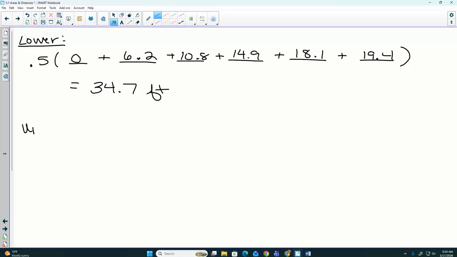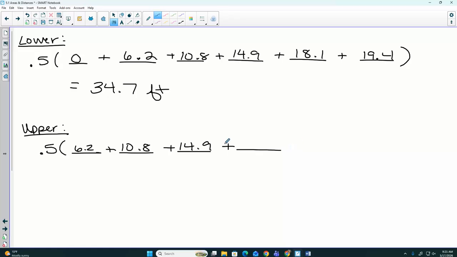All right, the upper estimate, the width is still the same. We're using a half second, but we are using her higher speed in each interval. So between 0 and 0.5 seconds, what speed would we use? Between 0.5 and 1? Between 1 and 1.5? Between 1.5 and 2?